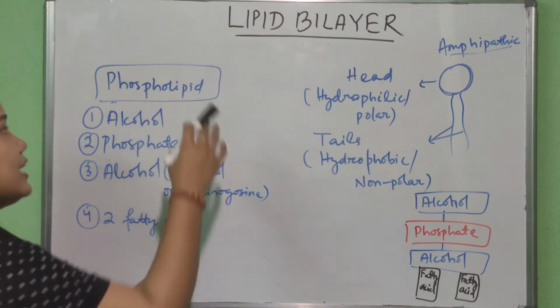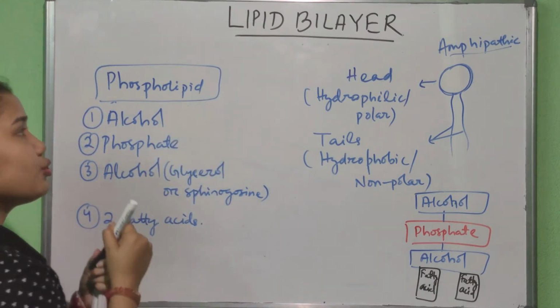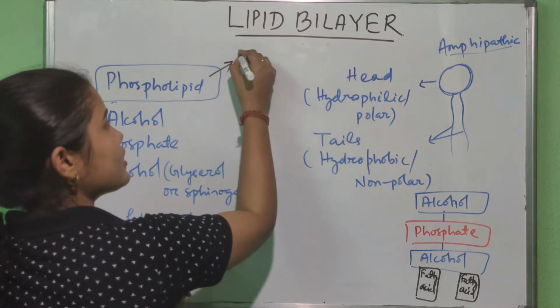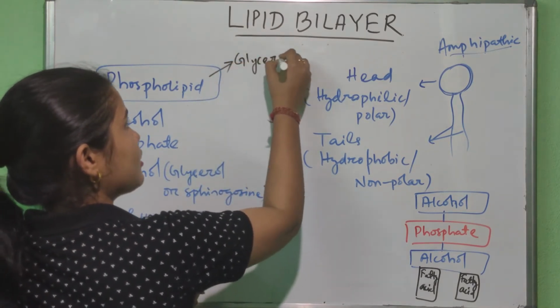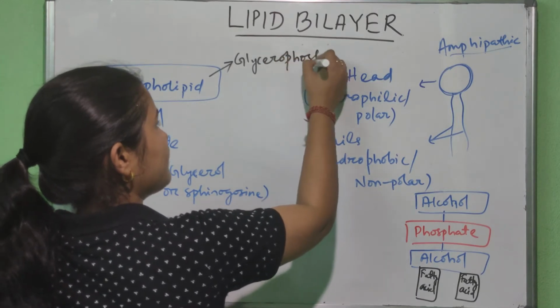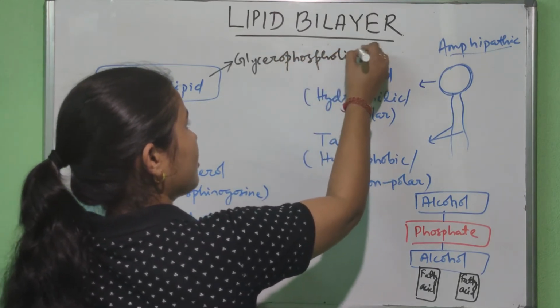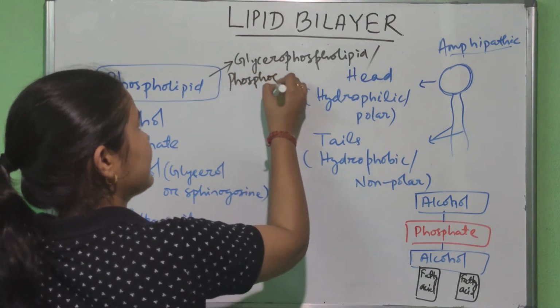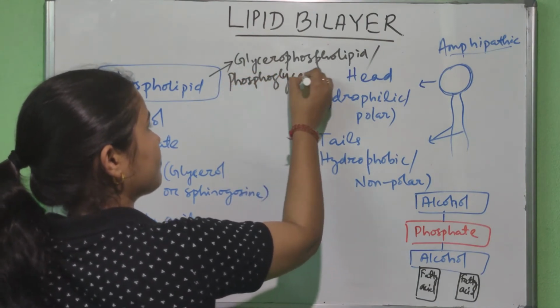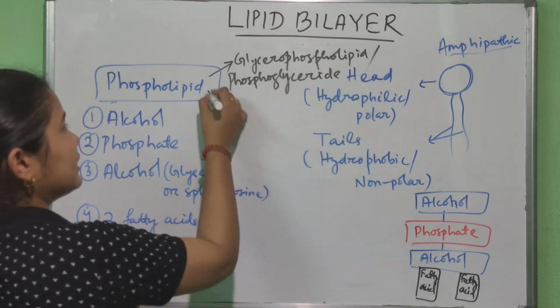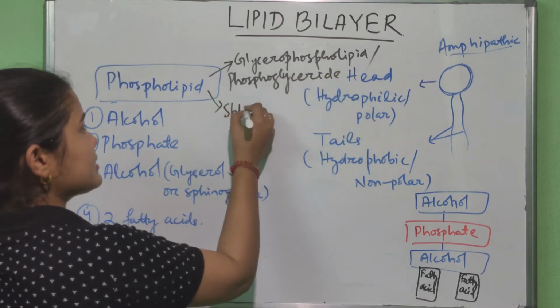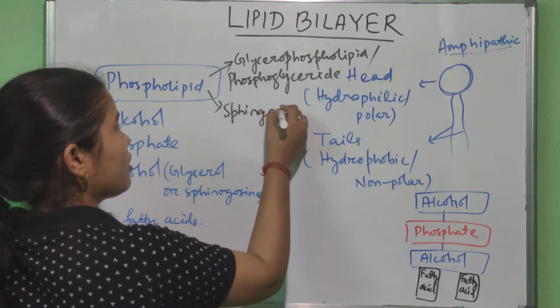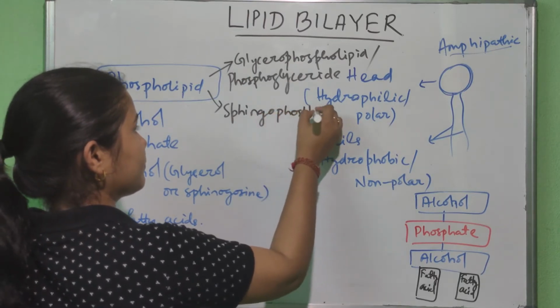And accordingly, the phospholipid can be of 2 types. The first one is glycerophospholipid or the phosphoglyceride, whereas the other one is the sphingophospholipid.